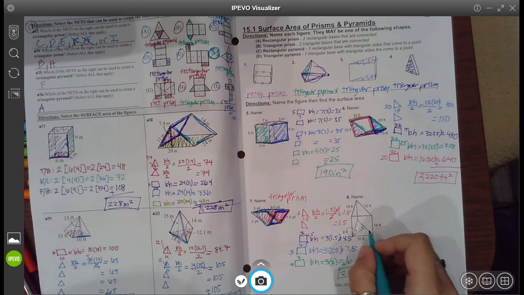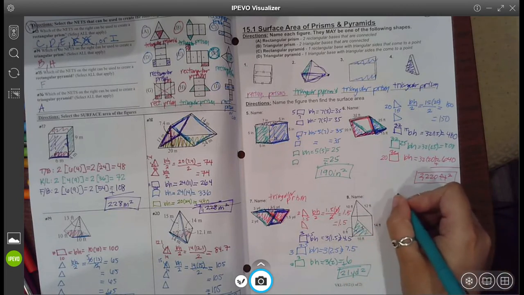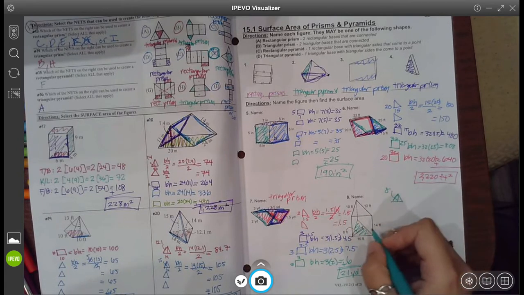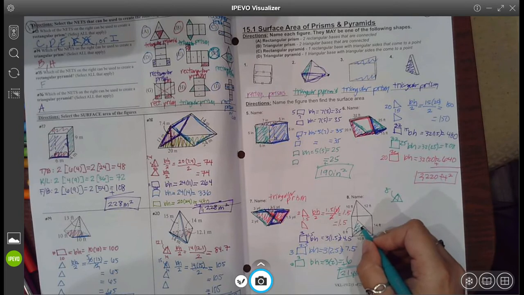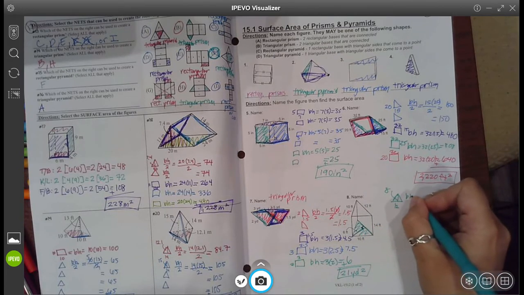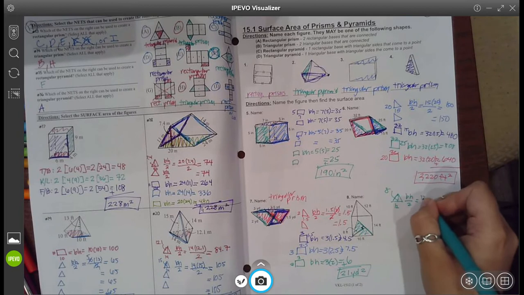So I have, let's see, this is my base shape, right? So that triangle has a height of 8 and a base of what? Well, this little box right here connects your height to your base. So this base length is the same as this, so 12. So base times height divided by 2 is 12 times 8 divided by 2.